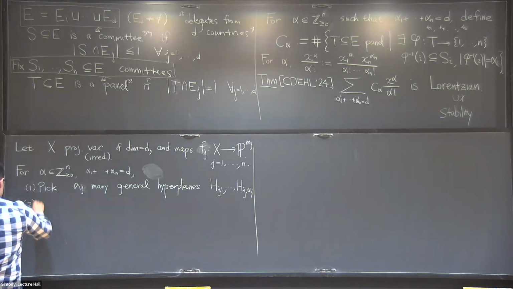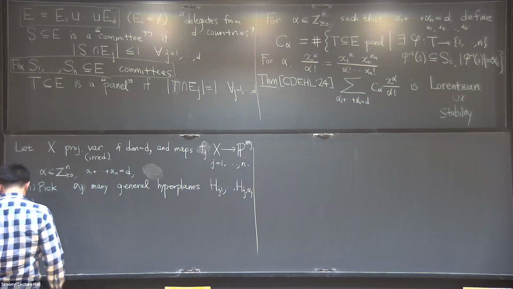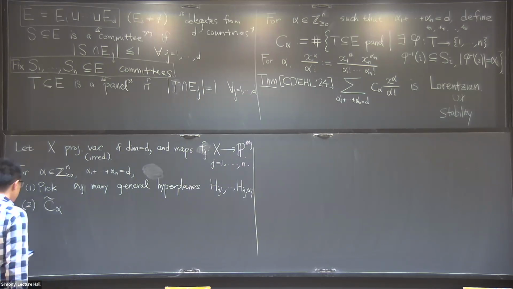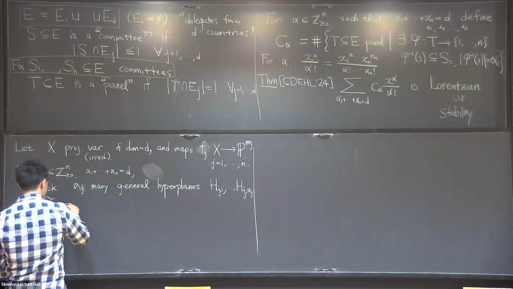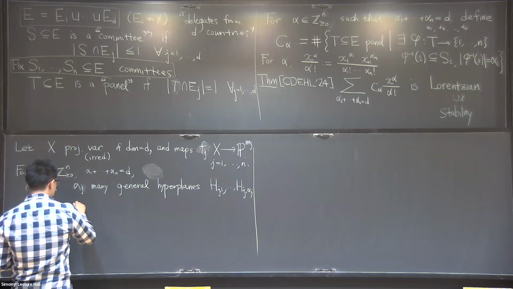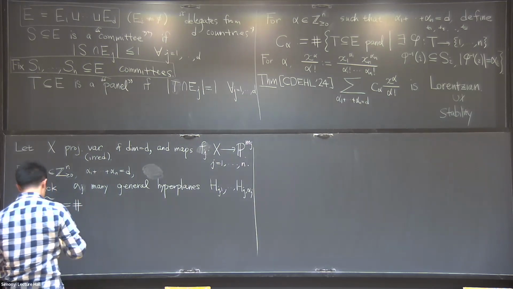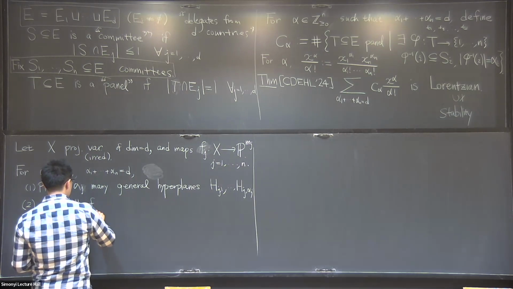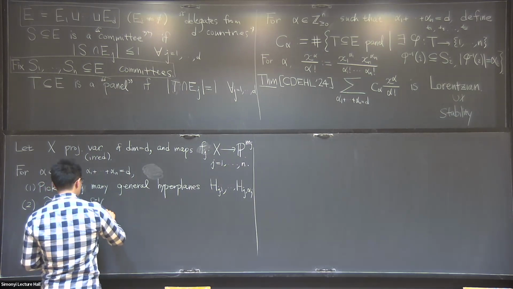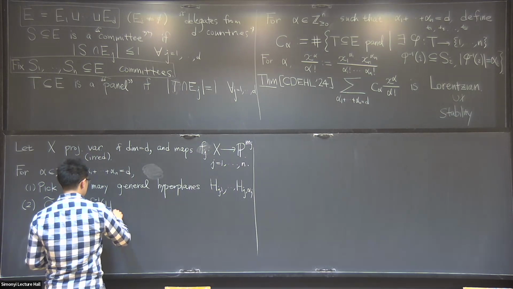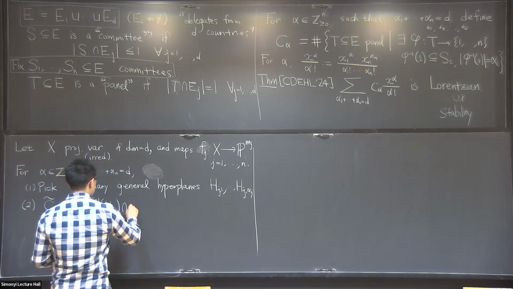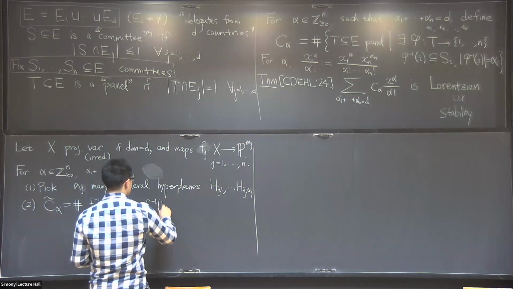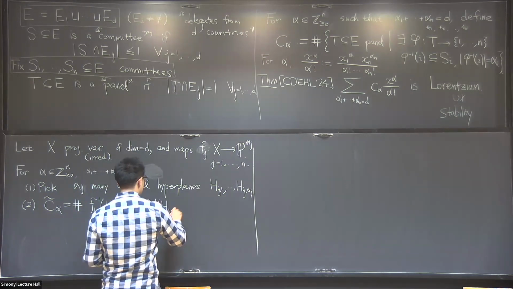And then the thing we want to count is the following, which I'll denote C tilde of alpha. This is the cardinality of the following intersection. You intersect F1 inverse of H_{1,1}, intersect dot dot, F1 inverse of H_{1,alpha_1}.